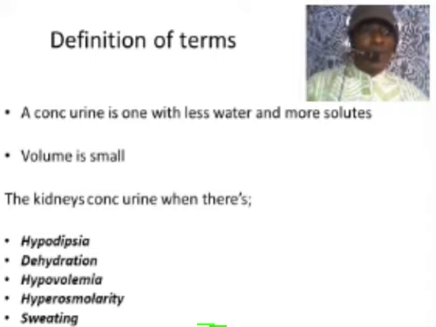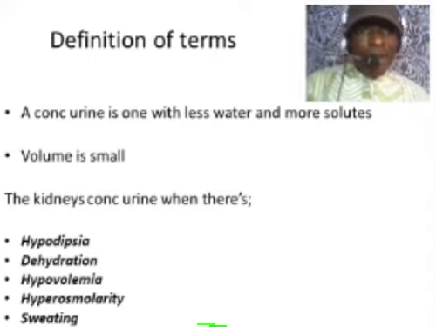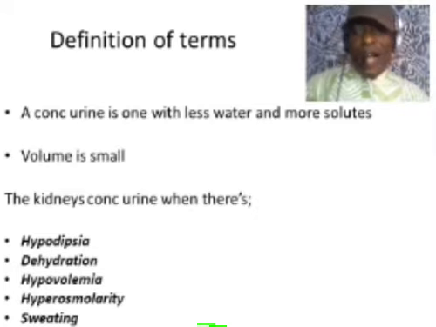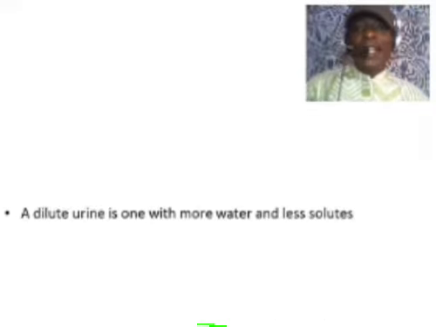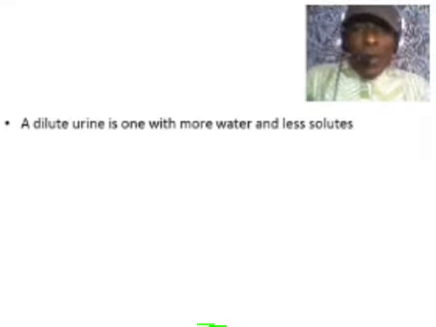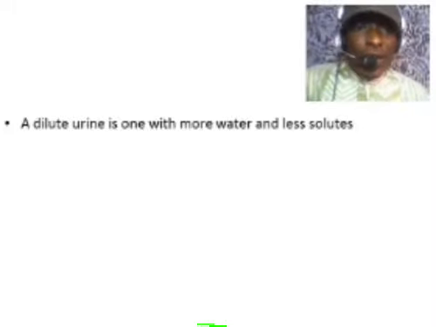Oftentimes when you sweat, you visit the restroom less frequently. So these are the reasons why your kidneys concentrate the urine, why your kidneys make the urine very small in volume.